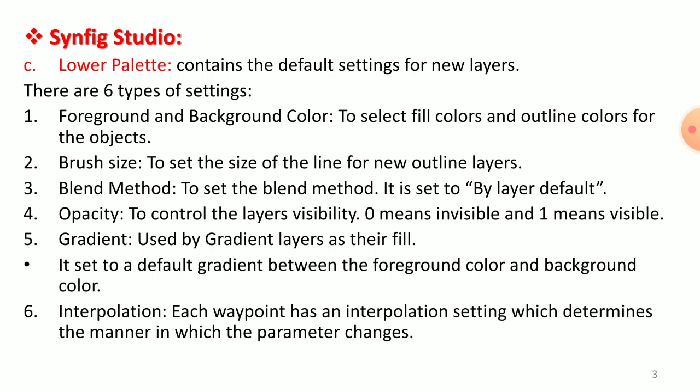Brush means drawing an object, and the line size can increase or decrease. It sets the size of the line for a new outline layer. Brush size can be increased or decreased, 1, 2, 3, 4, 5, 6, 7, 8, 9, 10, as per your requirement.